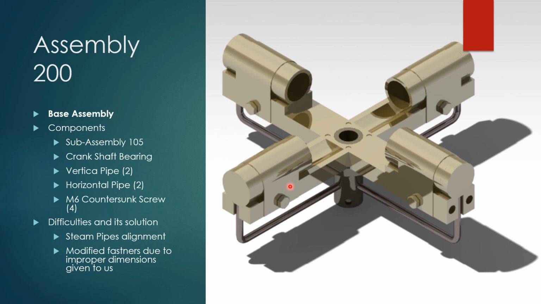Other than that, the fasteners didn't have to be extended, but we deemed it necessary to extend the fasteners in this upper plate right here to provide more thread space for the screws. As I said, it's not required, but it was just to make it fit together a little bit better.